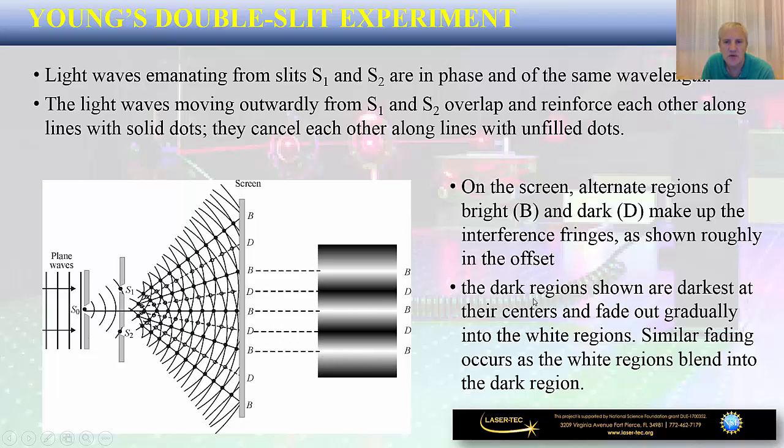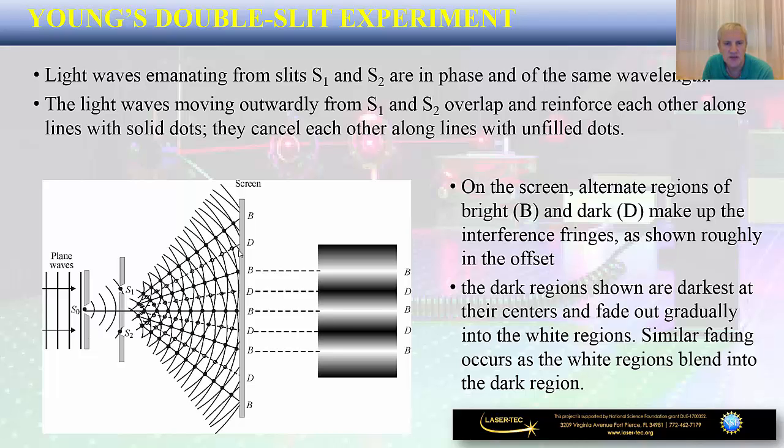At the locations where you have so-called constructive interference, where the positive peak of one wave and the positive peak of the other wave overlap, you have a cumulative effect that would result in a bright line, while you're also going to have dark regions that are shown darkest at the centers, where there is an overlap between the positive peak of one wave and the negative peak of the other wave.